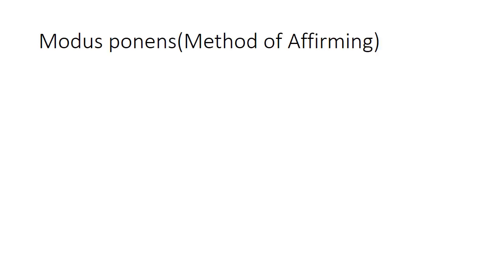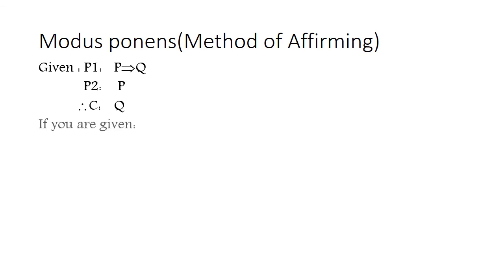Let's move forward to a rule of inference, modus ponens, or the method of affirming. In this rule, you will be given two premises P1 and P2. It states that if the conditional statement P implies Q is accepted or true and P holds, then the conclusion is the consequence.